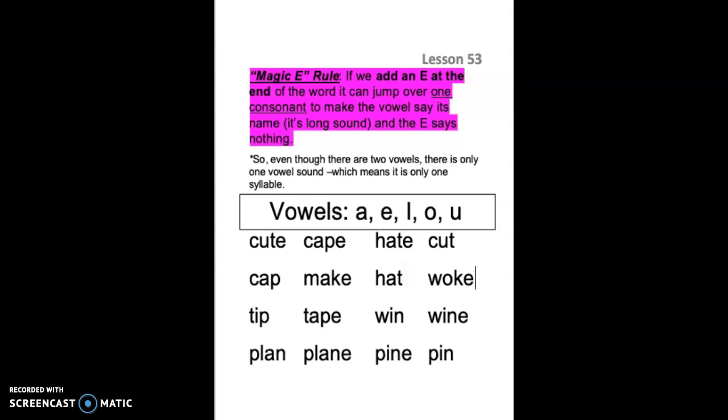And then it makes the long sound, and the E is silent or says nothing. So even though there are 2 vowels, there is only 1 vowel sound, which means it only has 1 syllable. Remember, our vowels are A, E, I, O, and U.